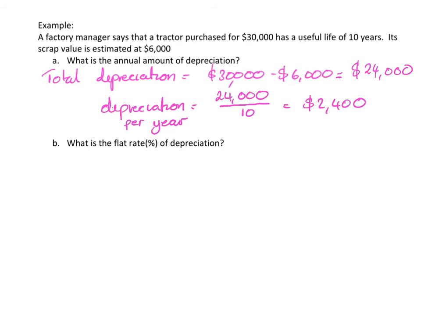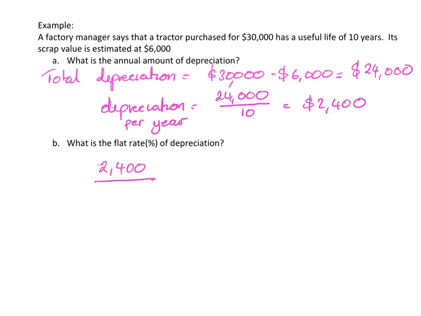Part B asks us, what is the flat rate? So we're looking for the rate here. How do we work out the rate? Well, the easy answer there, it is the amount of the annual depreciation expressed as a percentage of the original purchase price. So in this case, the annual depreciation is $2,400.